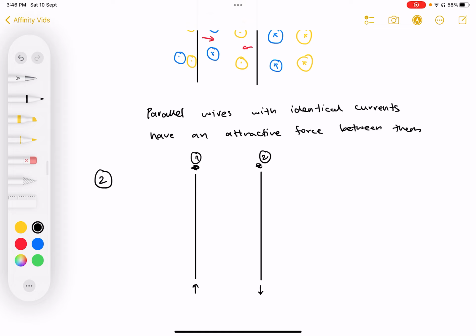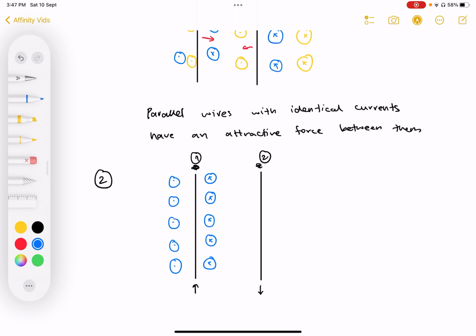So let's look at the first wire. Again, let's use our right hand grip rule. We're going to know that on this side, our magnetic field is going to be going into the screen or paper, and on this side, it's going to be coming out. Now let's look at the effect that this has on wire number 2.